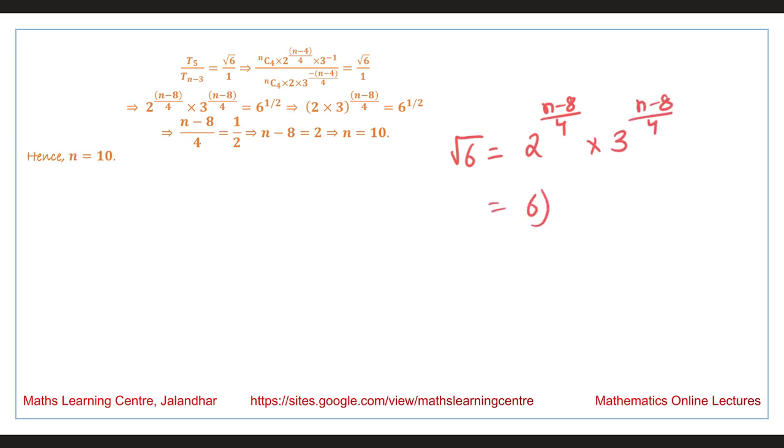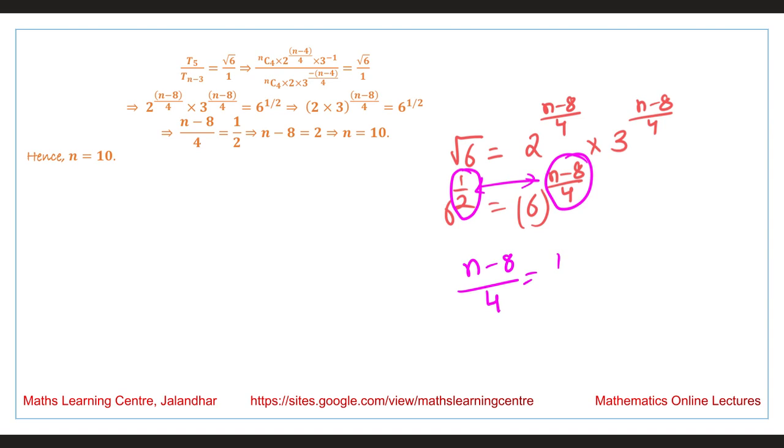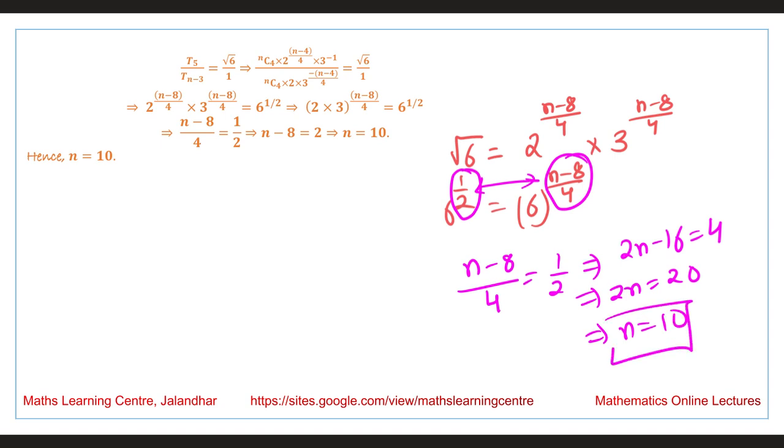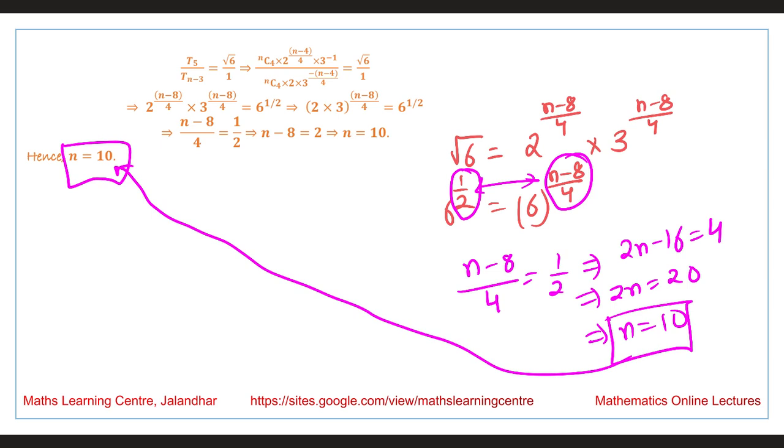This is equal to 6 raised to the power (n minus 8) by 4, and this is 6 raised to the power 1 by 2. Now if we compare both these powers, we obtain that (n minus 8) by 4 is equal to 1 by 2. This implies 2n minus 16 is equal to 4. This implies 2n is equal to 20. This implies n is equal to 10. So this is the required value of n in this question.